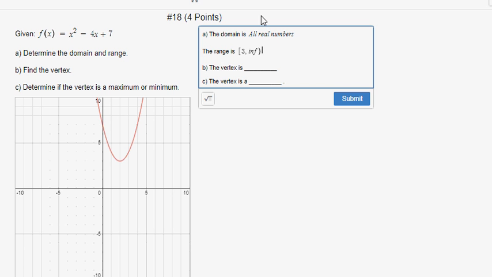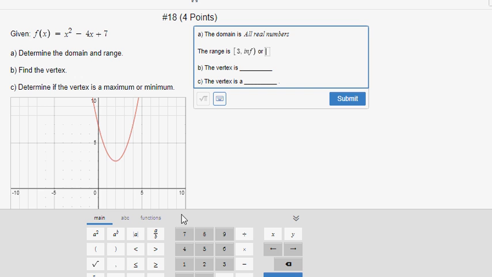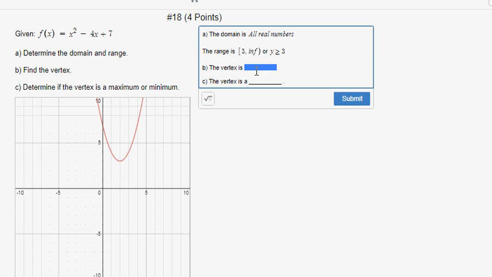Or you could say y greater than or equal to 3. Now let's see what else. The vertex is (2, 3). And we can see that the vertex is a minimum.